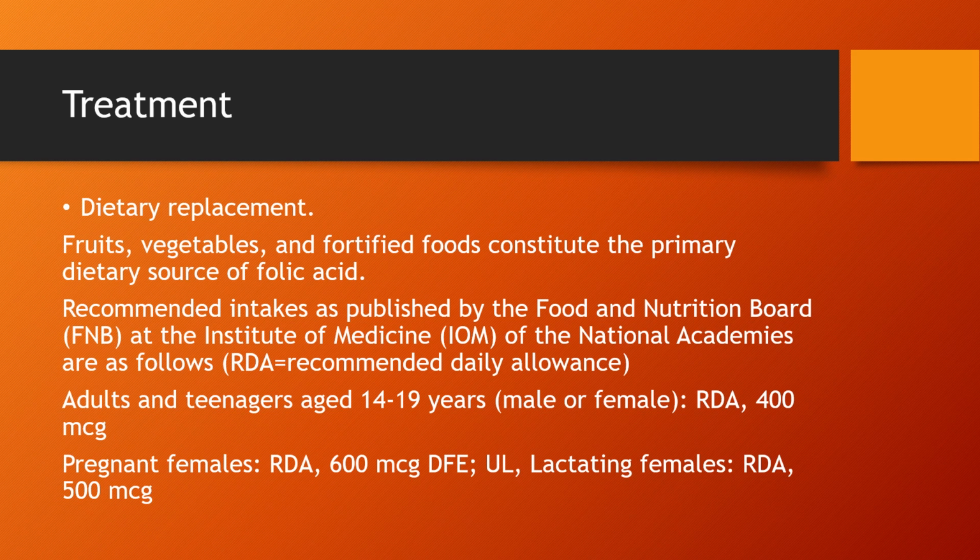For adults and teenagers aged 14 to 19, male or female, the recommended daily allowance is 400 micrograms. For pregnant females, it is 600 micrograms. And for lactating females, it is 500 micrograms.